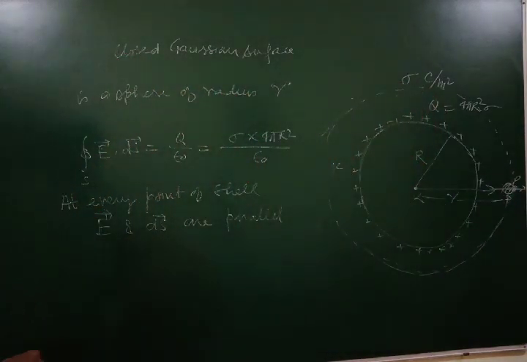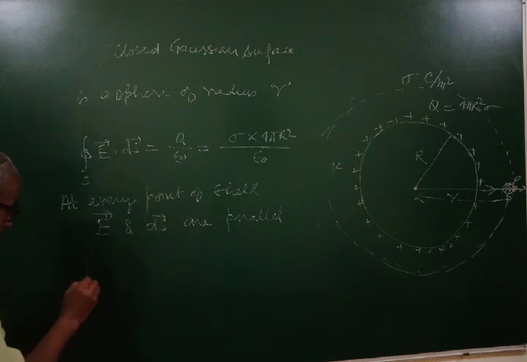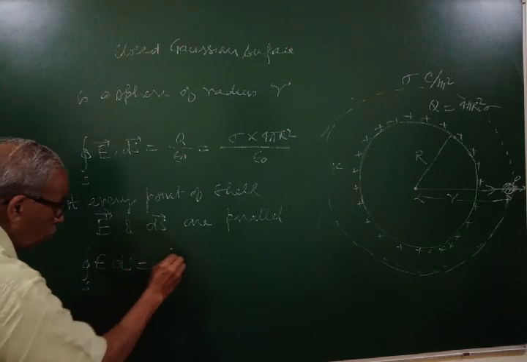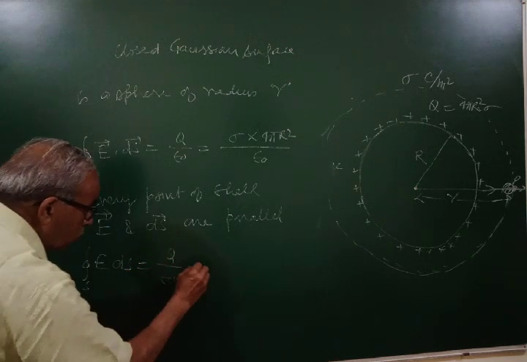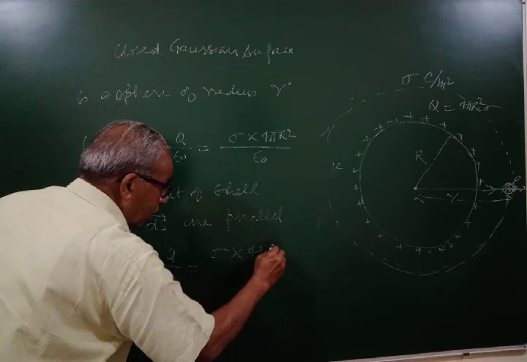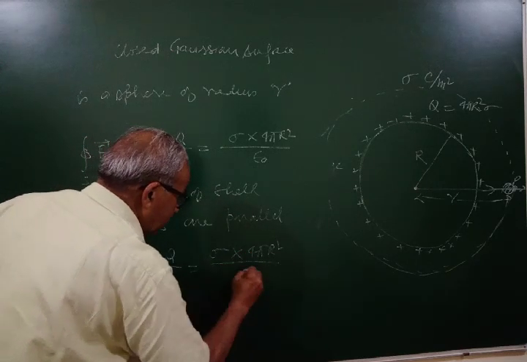So this equation can be written as integration over S of E ds equals Q upon epsilon 0, which is sigma into 4 pi r square upon epsilon 0.